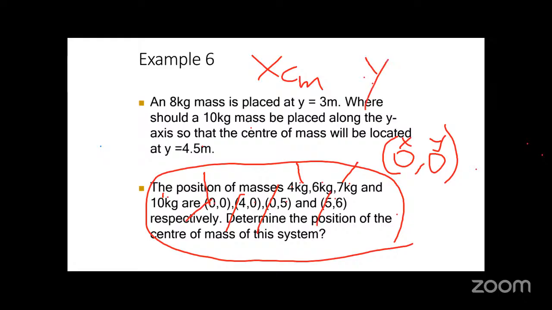Then when I want to solve for Y-CM, 4 kg for 0, 6 kg for 0, 7 kg for 5, and then 10 kg for 6. So that is how to solve this kind of problem.